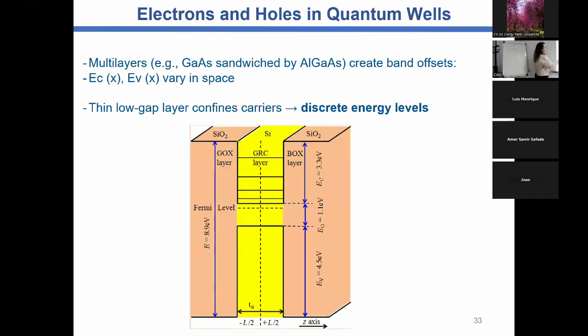Here is another example of silicon. Here's a silica, here's a silicon, and here's a silica. We can grow this channel just in terms of thickness. If you want it thicker, the electron has more liberty.